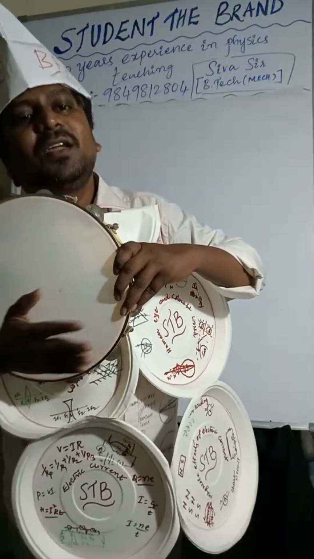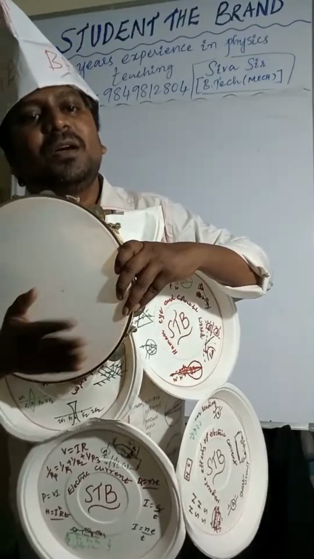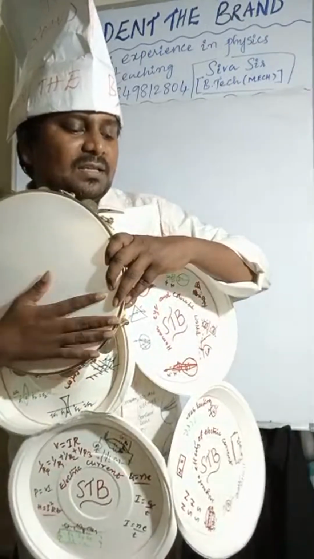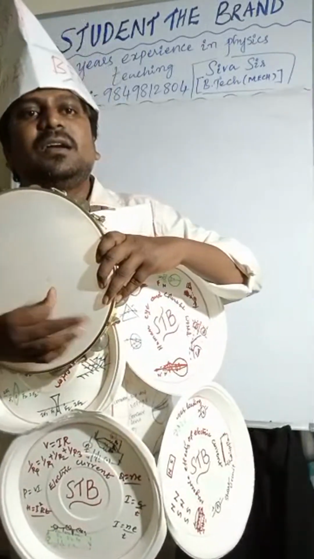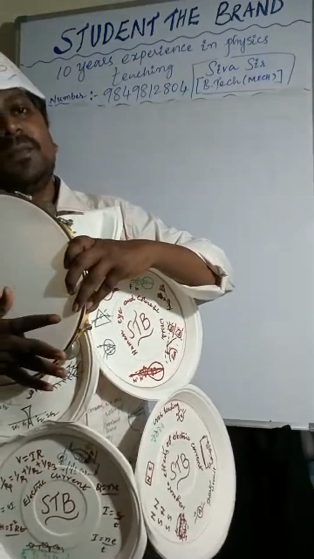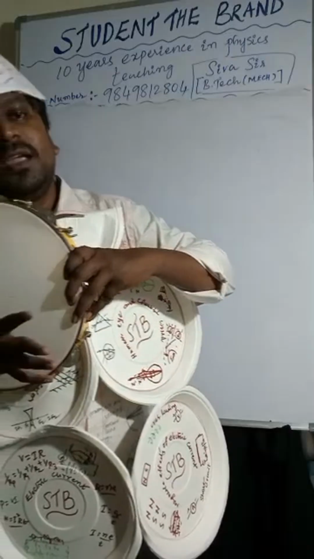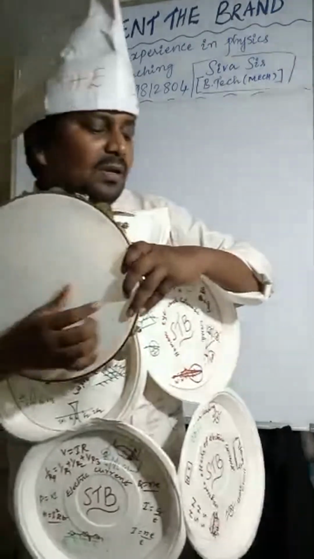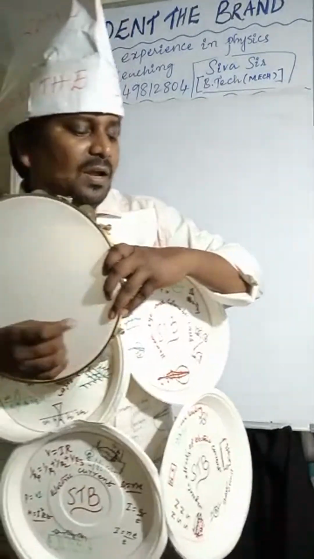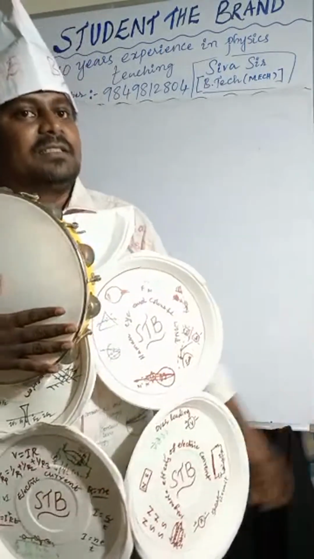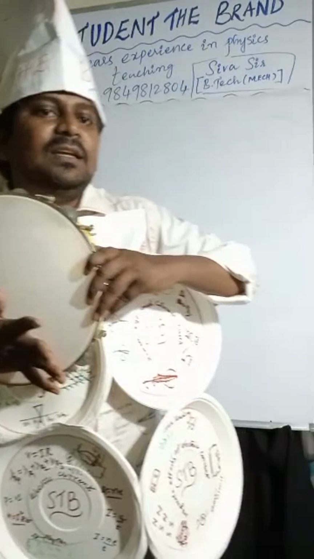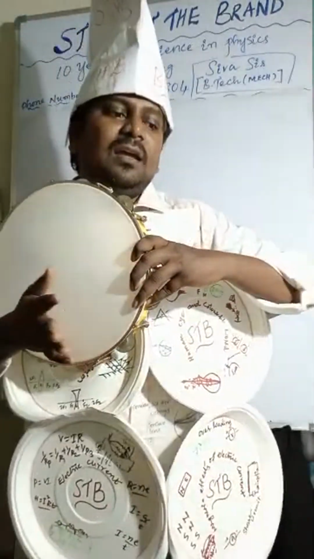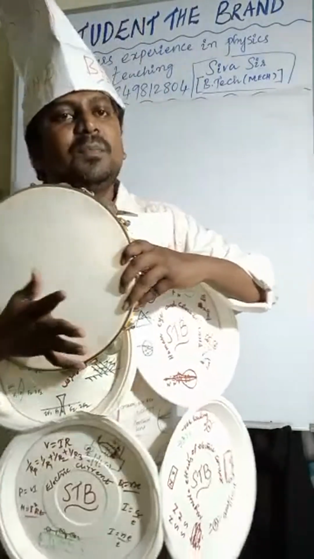Myopia: near distance we can see, far distance we cannot see. Hypermetropia: far distance we can see, near distance we cannot see.